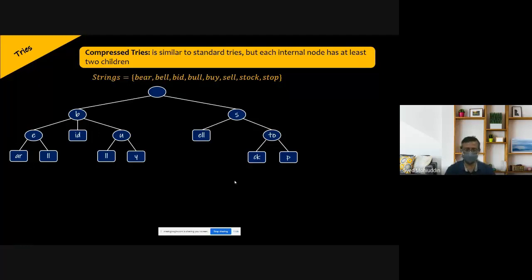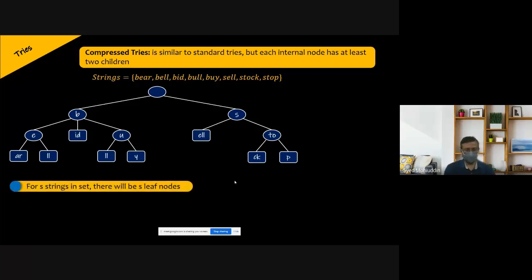If you observe from the previous standard trie, this structure has fewer nodes. So obviously it's going to save more space. It's much more efficient than the standard trie.